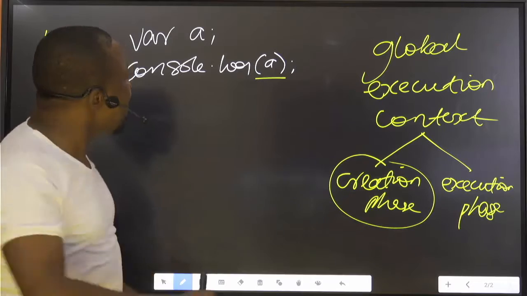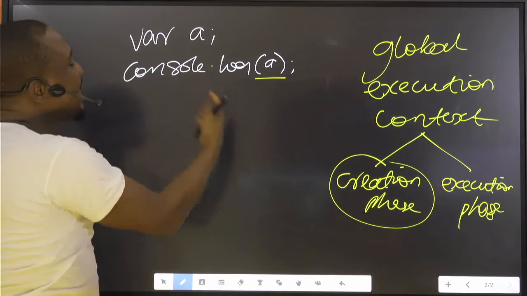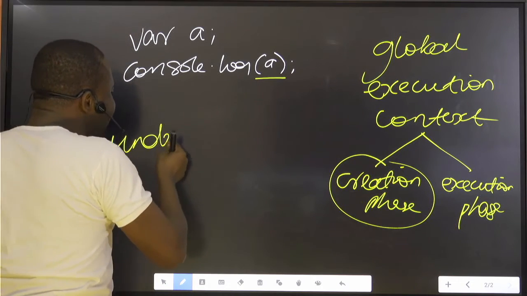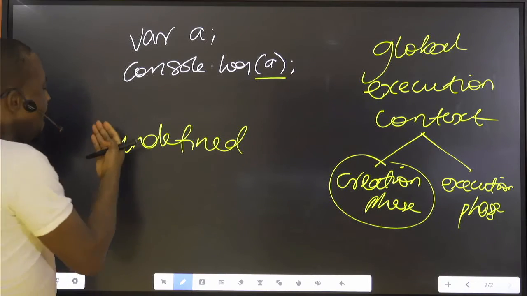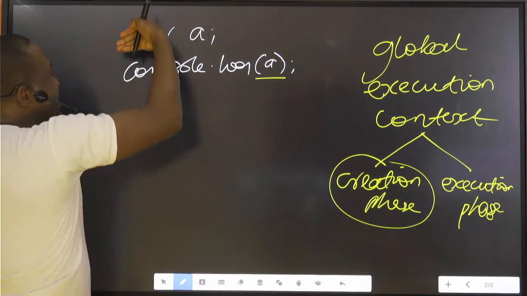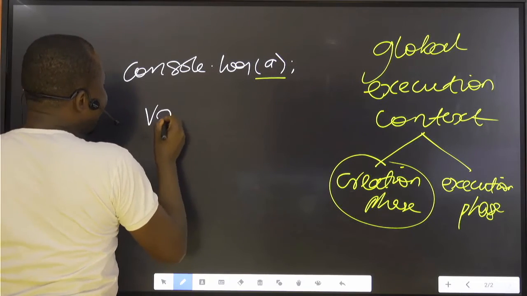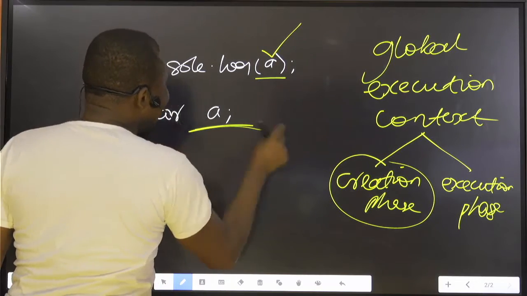But you agree with me, if this is what you actually did originally, this will give you undefined as earlier established. But this is not what you actually did. What you did was that you put var a here. That is, you use a before you declare it.